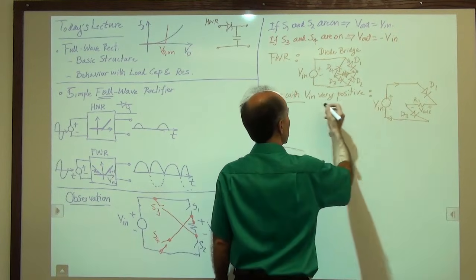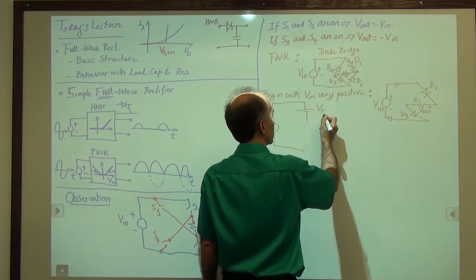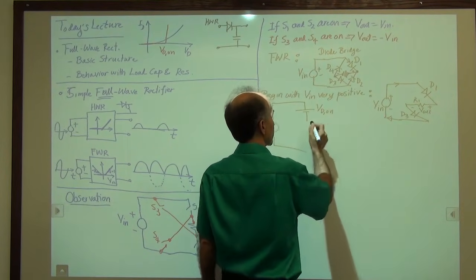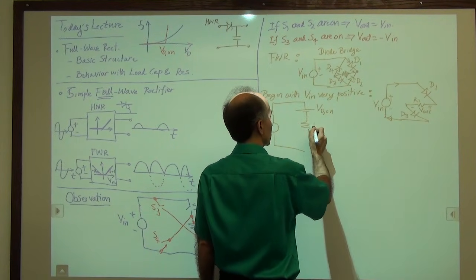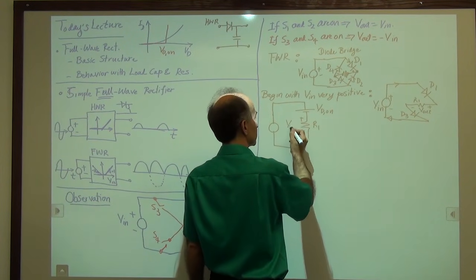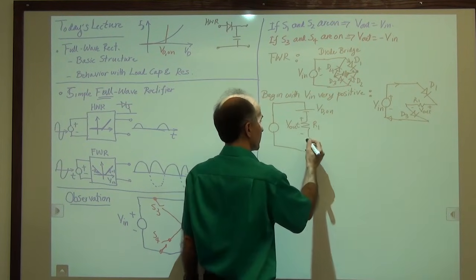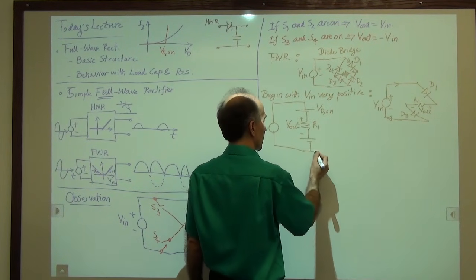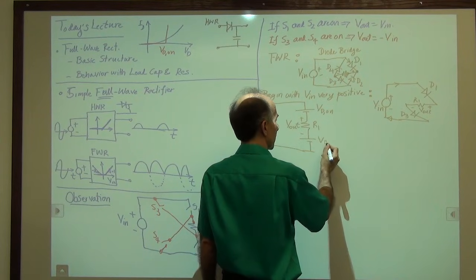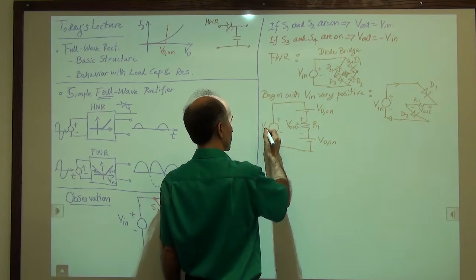We're going through D1. D1 is a battery, VD on. Then we're going through the resistor, R1. V out is measured from here to here. And then we're going through D3, which is also a battery because it is turned on. So that's also VD on. And that is our voltage source at the input.